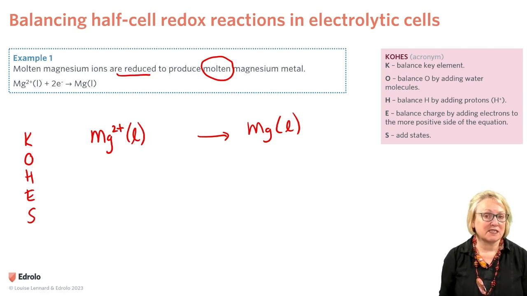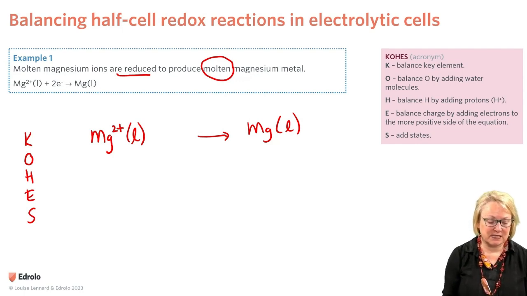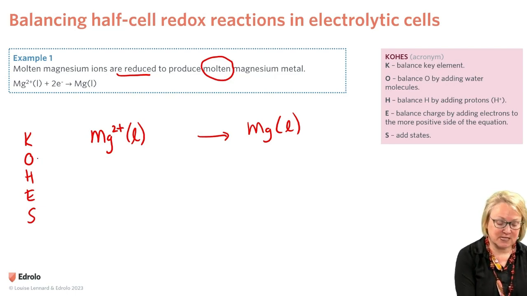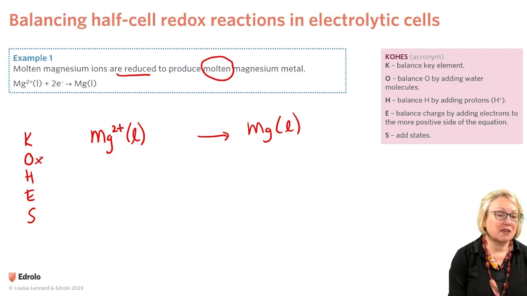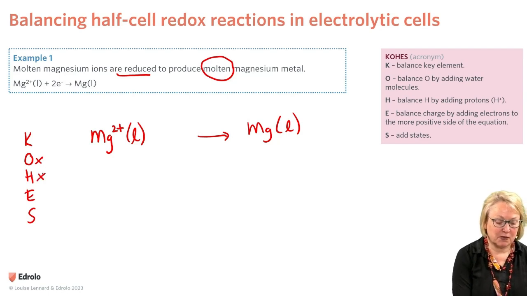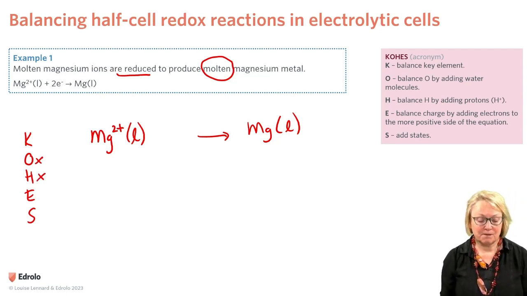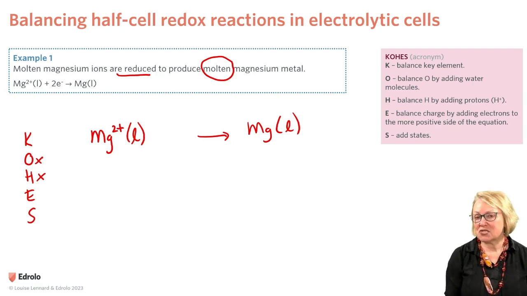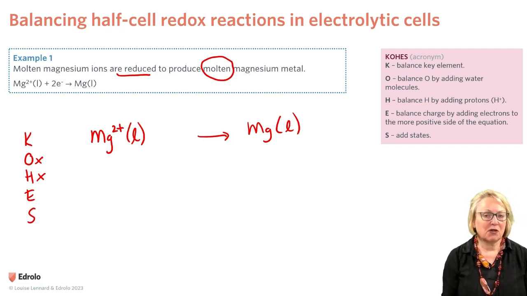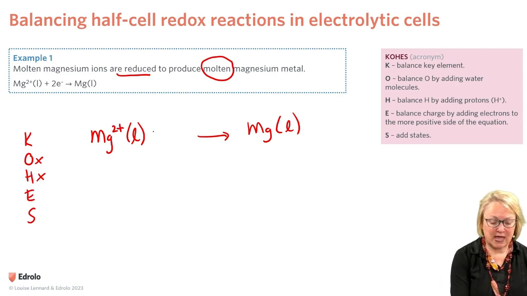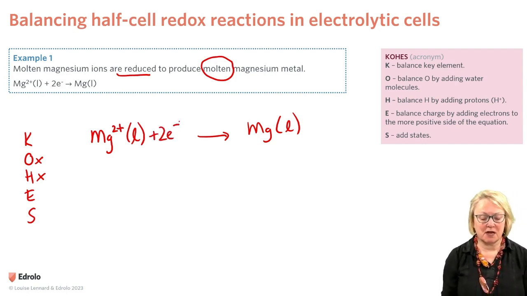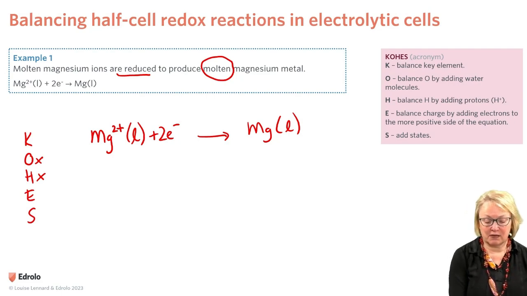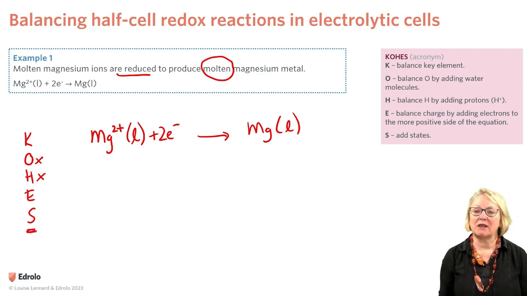We start off with magnesium ions, and we end up with magnesium metal, but magnesium we've got one on each side, so that's balanced. We don't have any oxygen, so we can skip that step. We don't have any hydrogen, so we can skip that step, go straight to balancing charge. Overall, on the left side, we have 2+. On the right side, it's neutral. So we add 2 electrons to the more positive side, and then we can make sure that we've got our states, which we've already inserted. Remember that electrons don't have states.